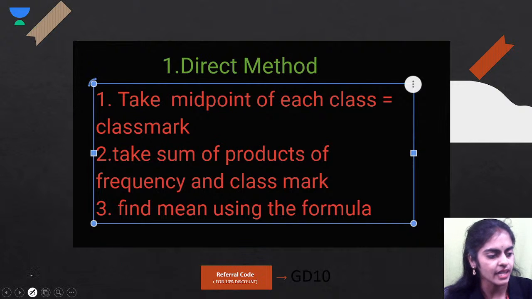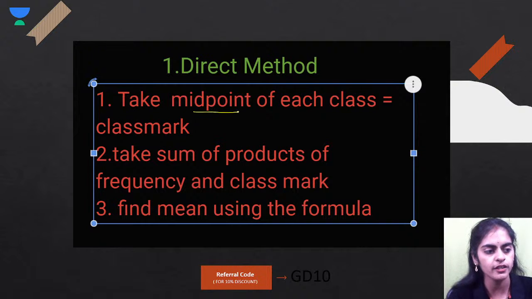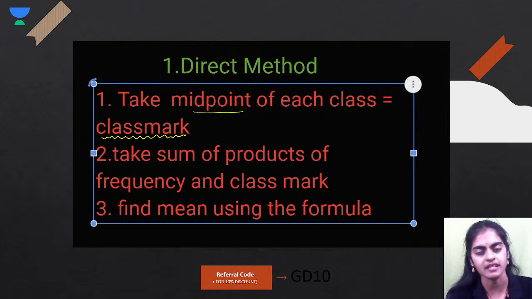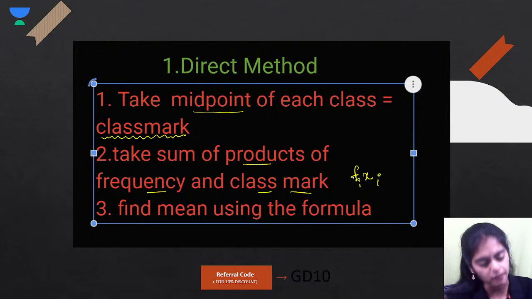So what will you do in direct method? You will firstly take a midpoint of each class, and that particular midpoint is called class mark. Then you take the sum of the product of frequency and class mark. Frequency is Fi, class mark is Xi.